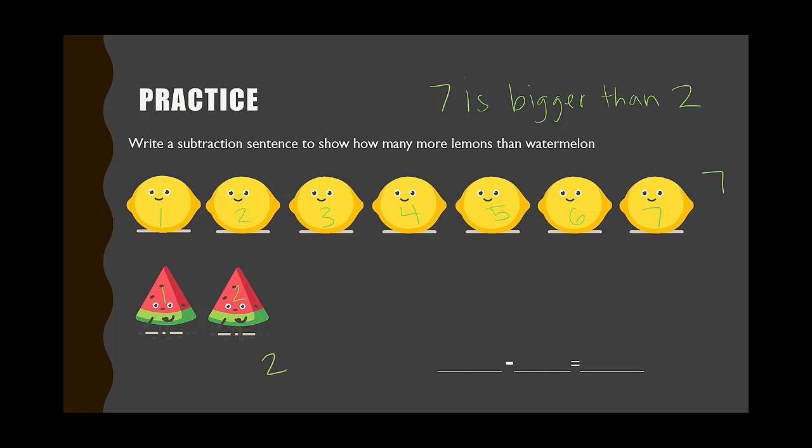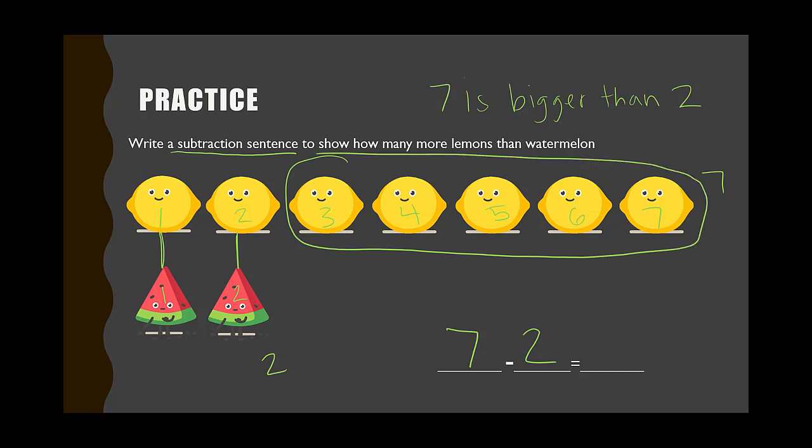So it tells me to write a subtraction sentence to show how many more lemons than watermelons. So I'm going to start with my number of lemons, 7. And I'm going to take away, I'm going to group up how many pairs of watermelon I have. And I know I have 2 watermelon. So we have to see how many are left over after we pair them up. So we're going to pair them up, 1, 2, and we're going to circle how many are left over.